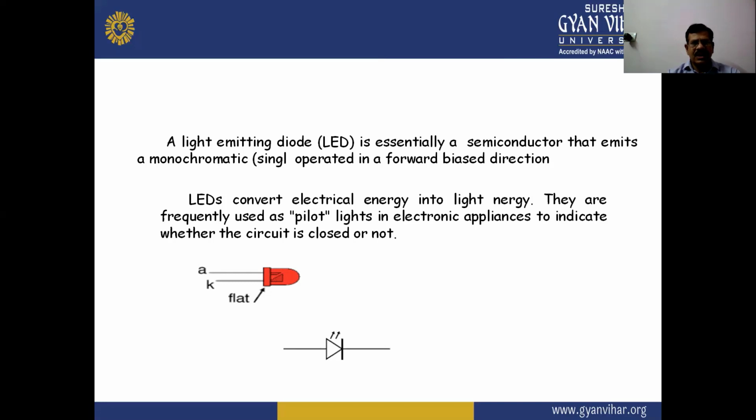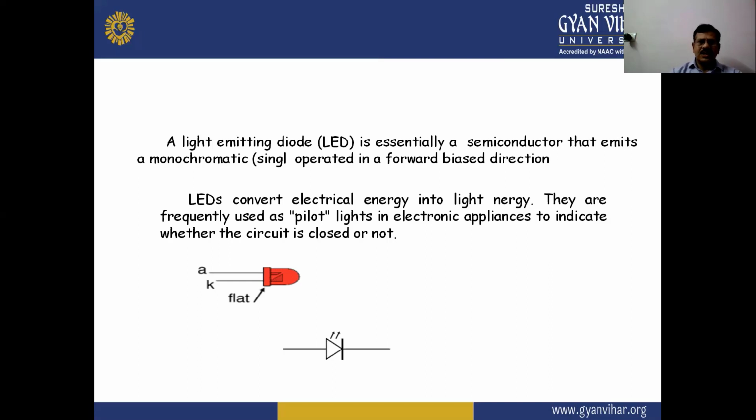They are frequently used as pilot lights in electronic appliances to indicate whether the circuit is closed or not. This is the symbol of LED, which has two terminals, one anode and the second cathode.